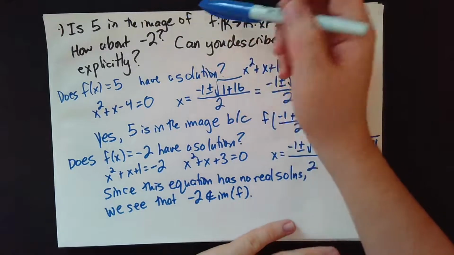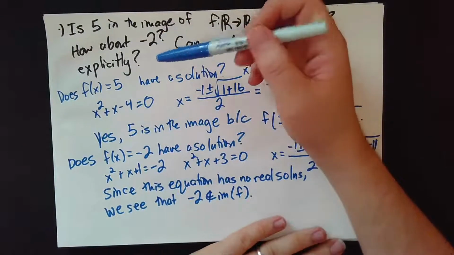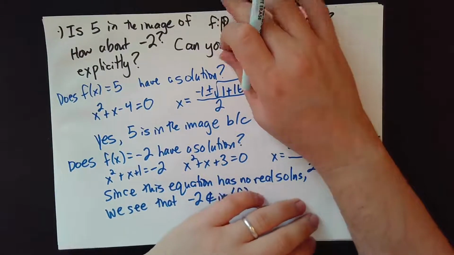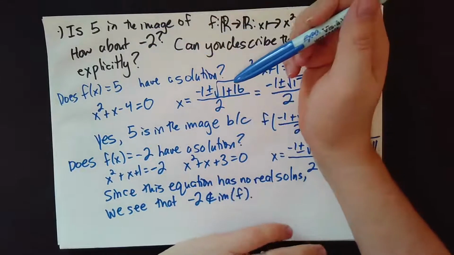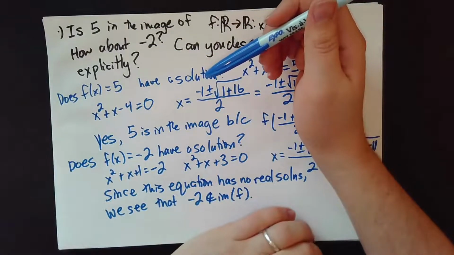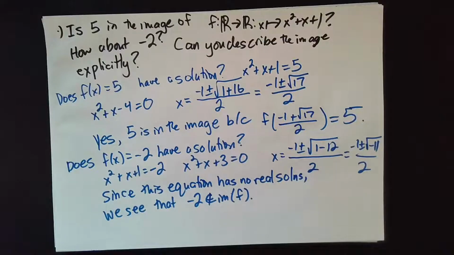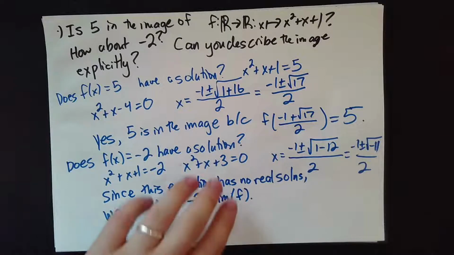In the analogous question, by the way, on the homework, I say something like prove carefully that, or prove your answer carefully. What I'm saying there is just make sure you don't just tell me yes or no. Tell me why. And so if something is in the image, you should probably be able to give me an element in the domain that maps to it. And if it's not in the image, you should be able to prove to me that no such thing exists.